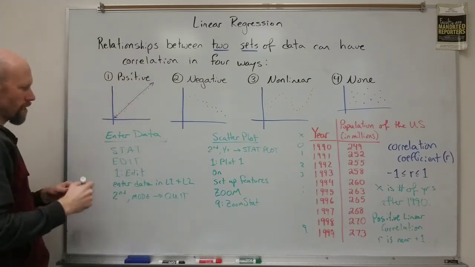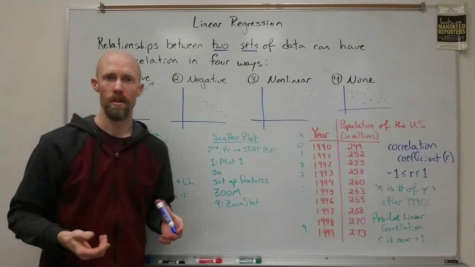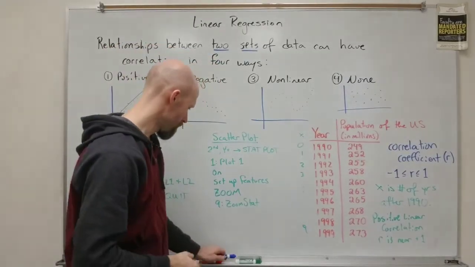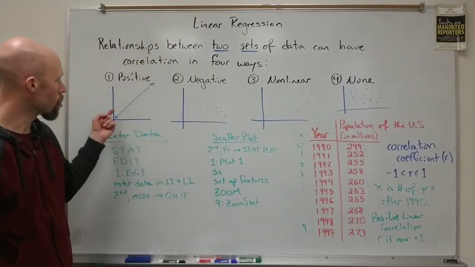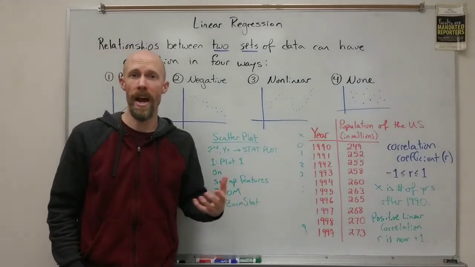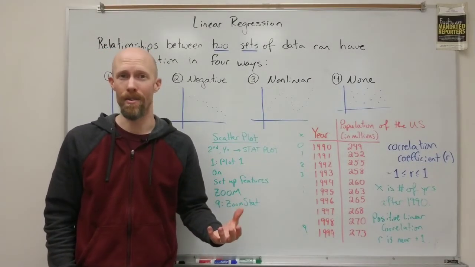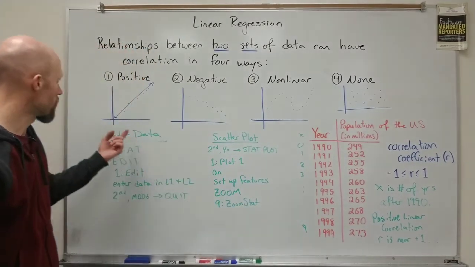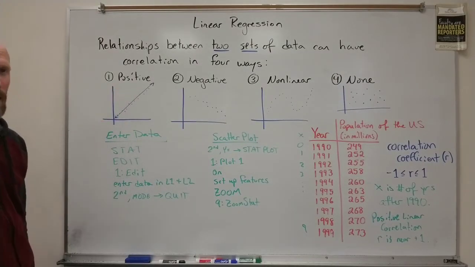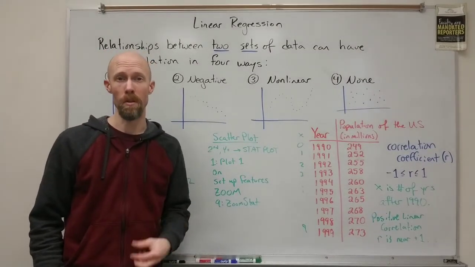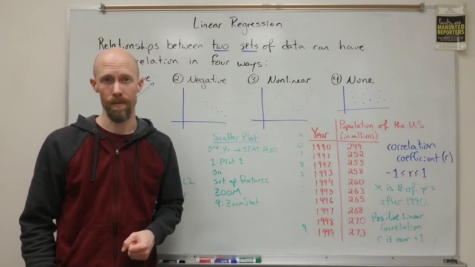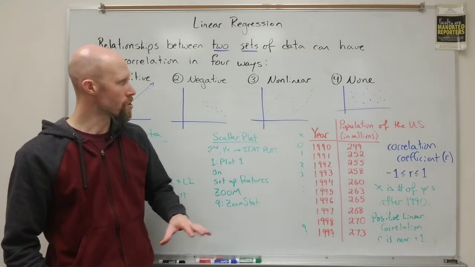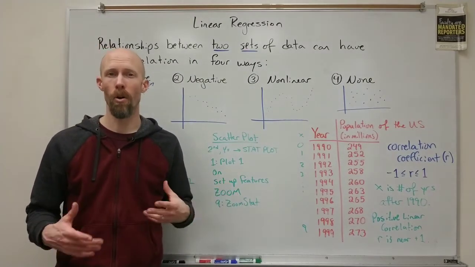Okay, and then of course you can use that line or that model to estimate things like future values. It may be off, right? The points don't always land right on the line, but it's going to be reasonably close. And that's what we're looking for, okay? So this just gives you kind of an overview of correlation.